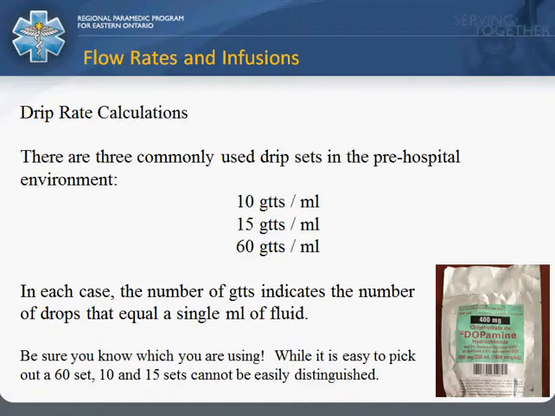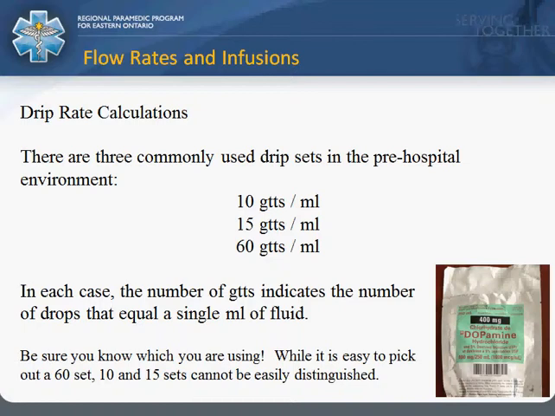When you're unpackaging your drip set, make sure you note exactly which one you have. In each case, the number of GTTS, I'm just going to say drops from now on, indicates the number of drops that equal a single milliliter of fluid.